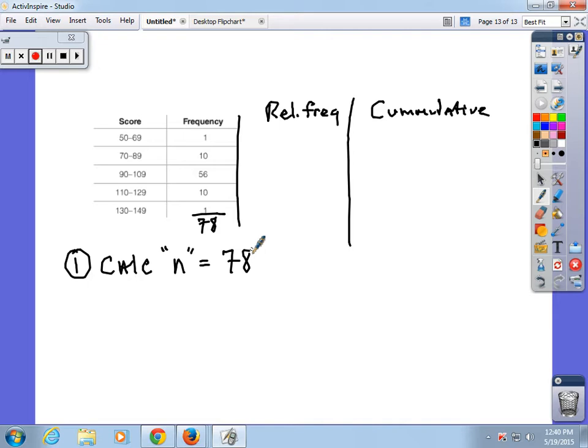Now once you add up those that are in the group, you just put each number over that total and multiply by 100. So this one is 1 over 78 times 100. This one's 10 over 78 times 100. 56 over 78 times 100.